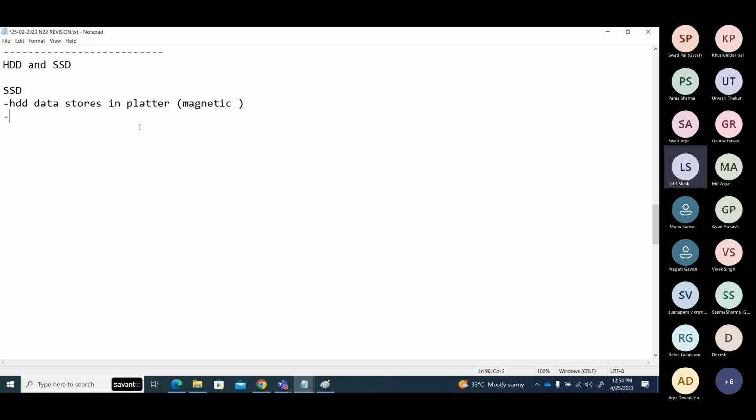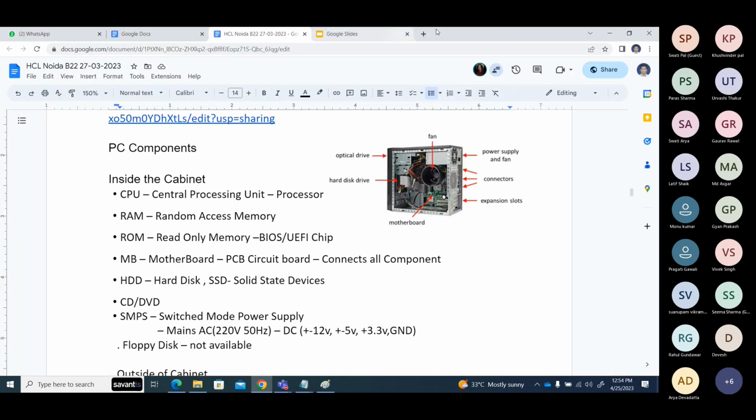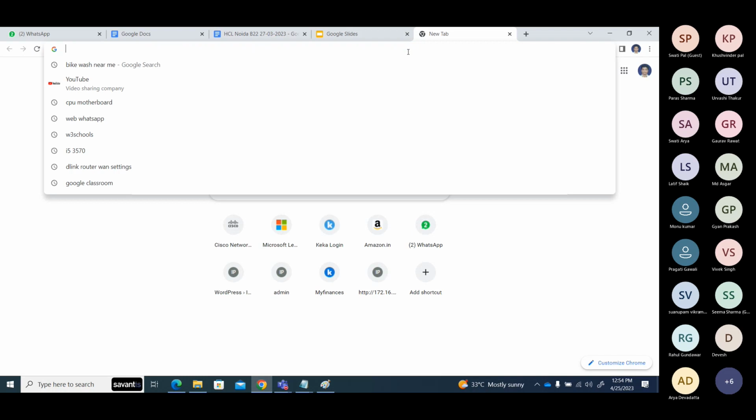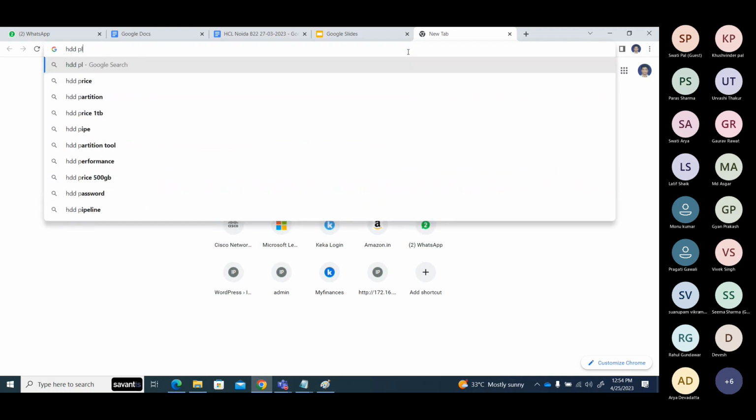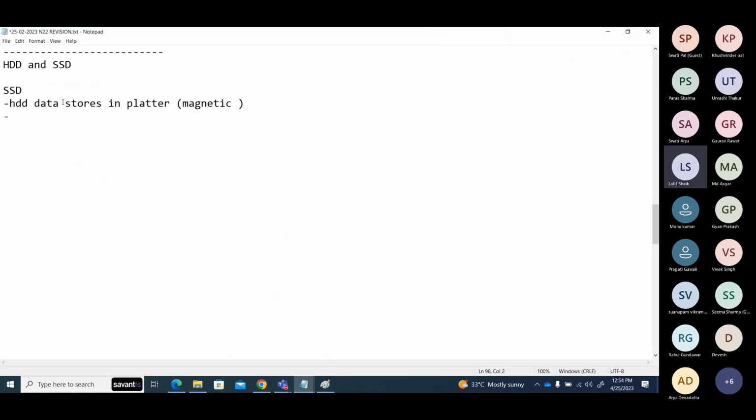Check it once: hard disk platter. Okay, platter. But in an SSD, data is stored in chips. SSD is a NAND storage type.